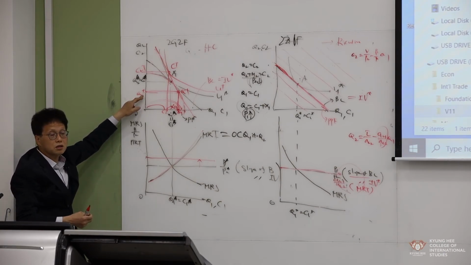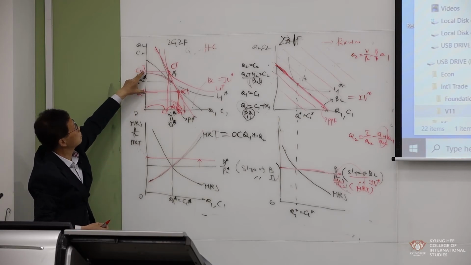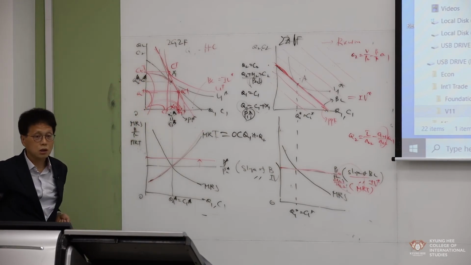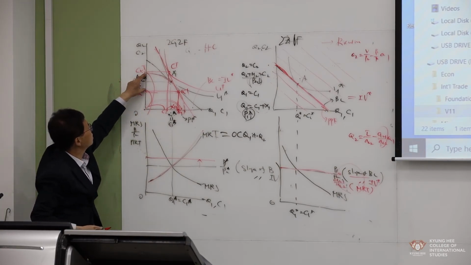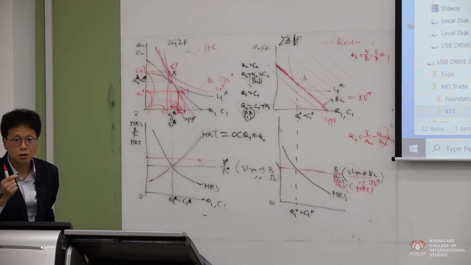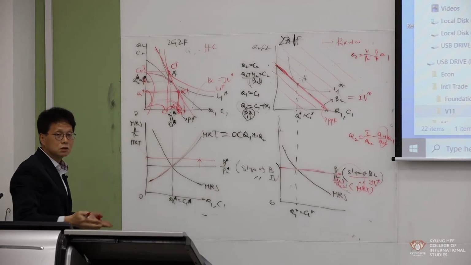Because the comparative disadvantage sector shrinks. But domestic consumption of agricultural goods is higher than the autarky level. And look at C2T greater than Q2T. The gap between the two is imports from foreign countries, right? That is M2. Can you understand?